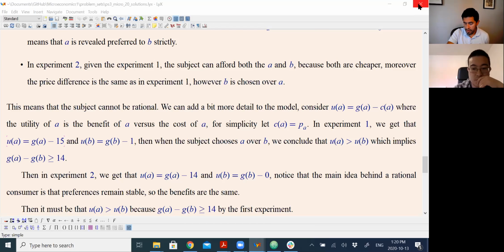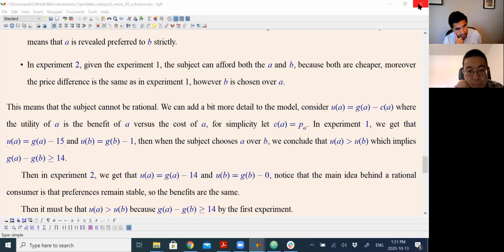Yeah, my solution was that we define an inattention parameter, m, which is between 0 and 1, and suppose that the subjective price equals m times the actual price plus 1 minus m times the default price.